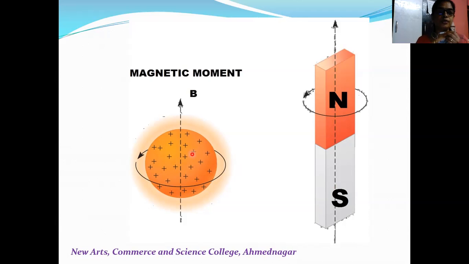Proton is positively charged and it is spinning, therefore it shows magnetic properties and behaves like a magnet. Exactly, its behavior is similar to the conventional magnet. Therefore, this property is used to develop the nuclear magnetic resonance technique.